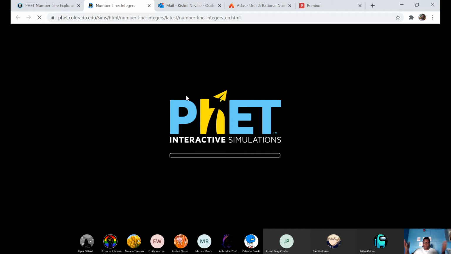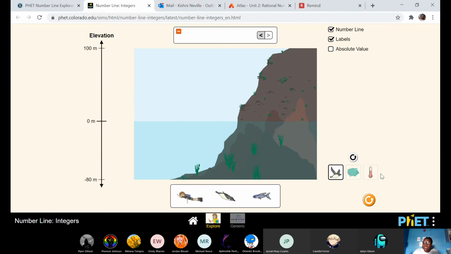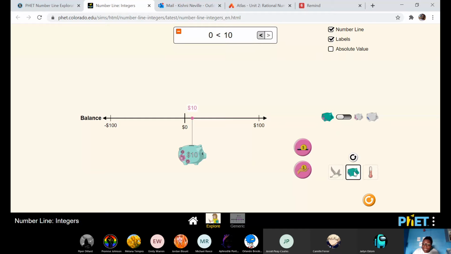When you do, surprise, surprise, you get your own tab for this FET simulation. Again, we're going to click Explore, and all of you will be working on one of these assignments. So if you get assigned the Explorer, you're going to stay on this page. If you get assigned the piggy bank, you're going to go to the second square.